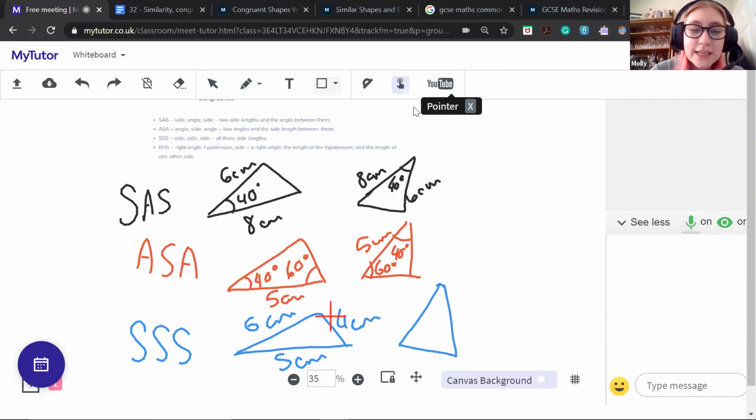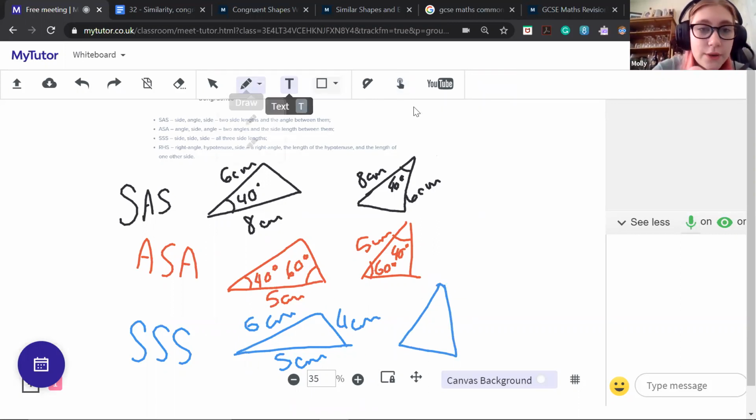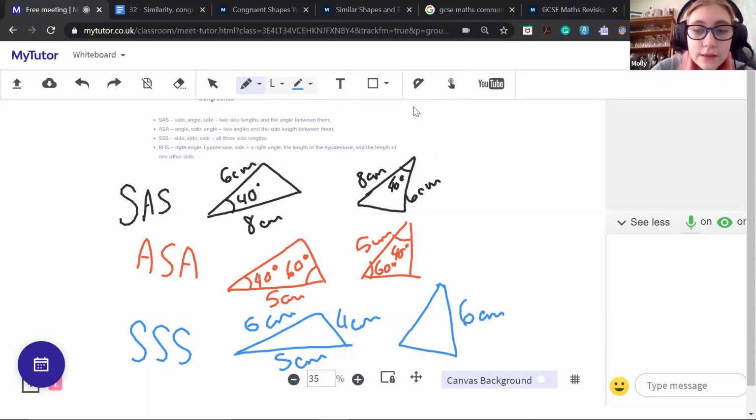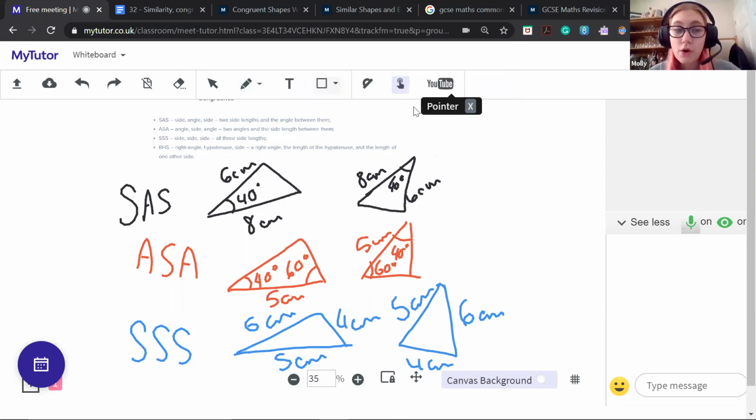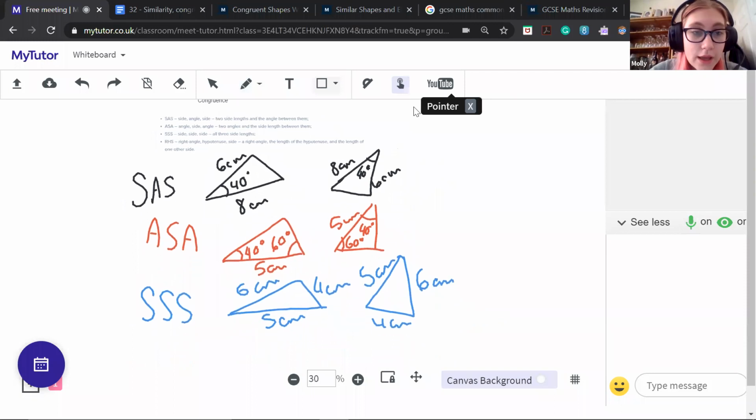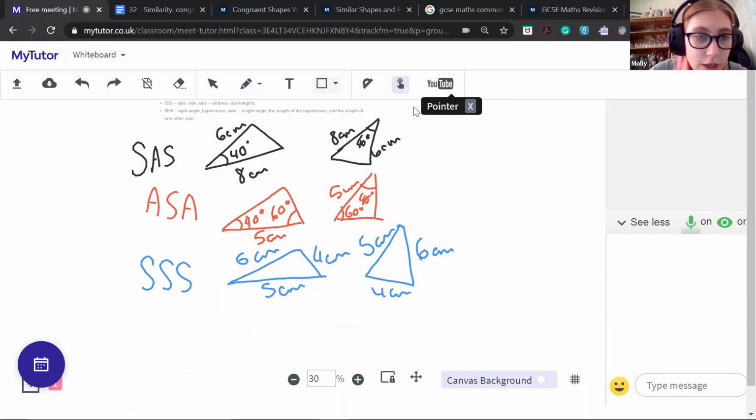So here we've got 6, then 4, then 5. As long as this is 6, then 4, then 5, or as I'll show here, 6, then 4, then 5. They've got to be going the same way round. Then these are congruent triangles. And then finally, this one, RHS. You've just got to remember this is the special right angle triangle case.